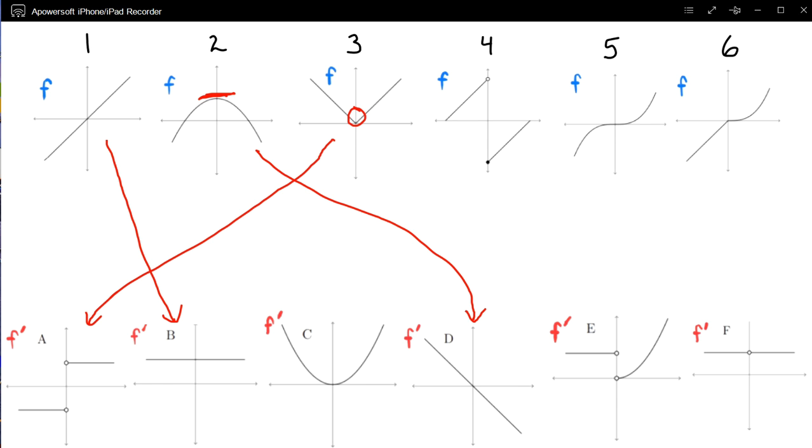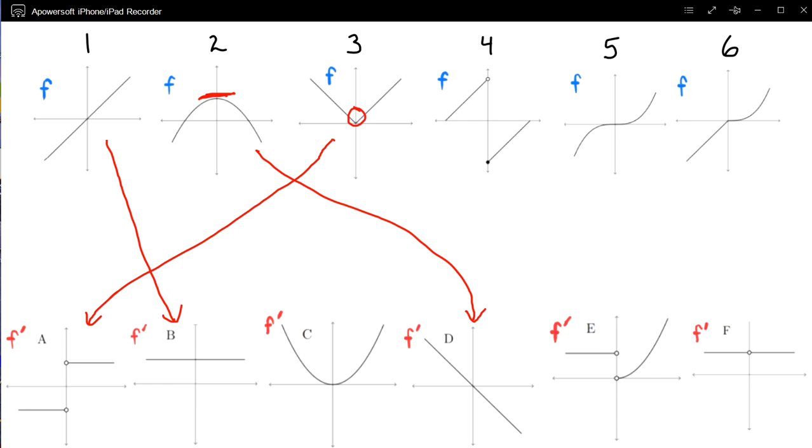We have a constant negative value to the left, constant positive value to the right, and because of these open circles here, that indicates that the derivative does not exist at those points. All right, so looking at the next one, we have a constant positive slope, and to the right we have a constant positive slope.